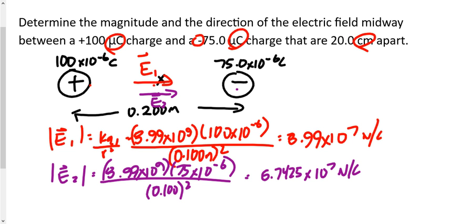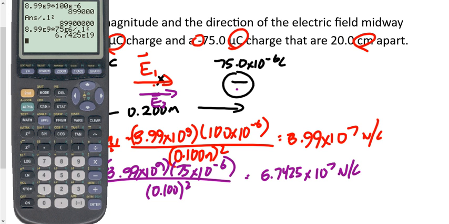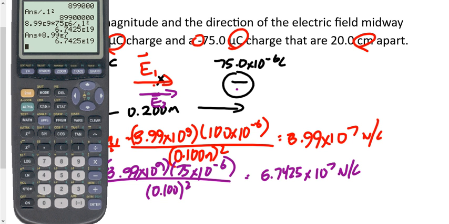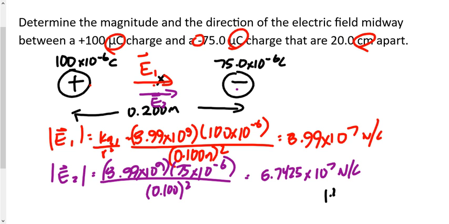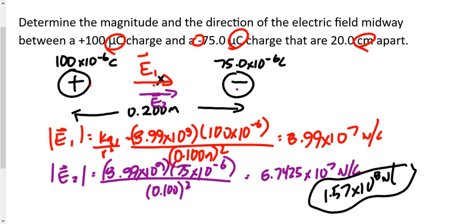So add these up. And when we do, what do we get? 1.57 times 10 to the 8, right?